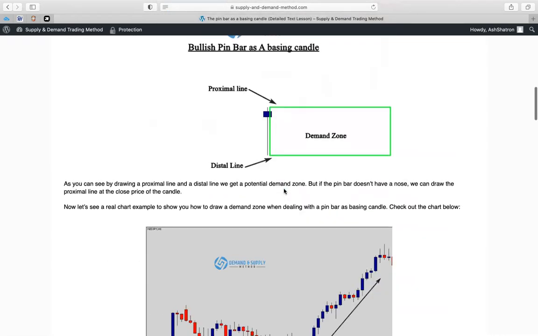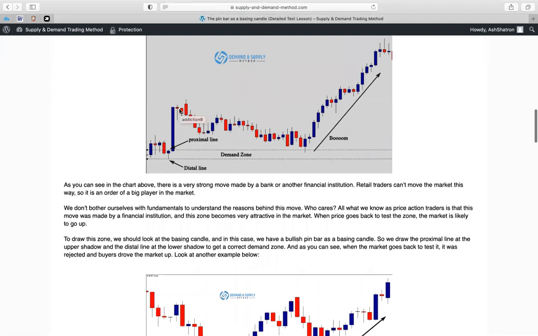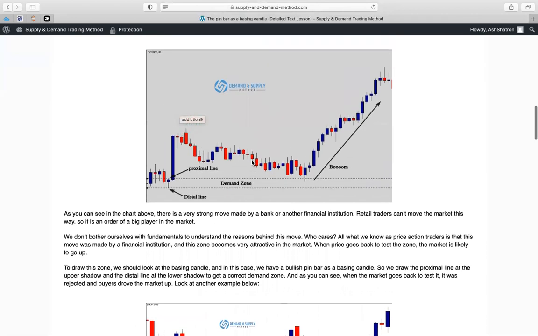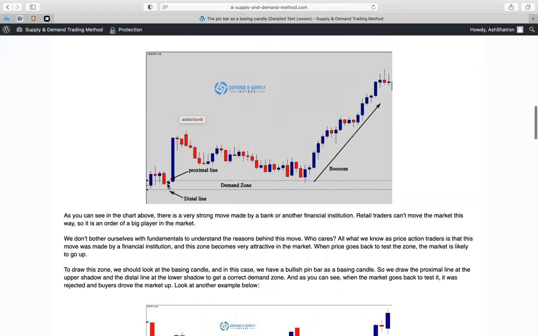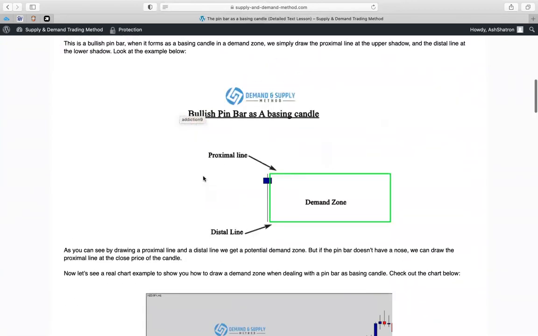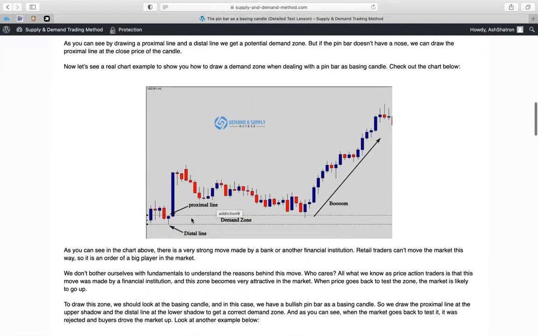All right, so I'll take a screenshot of this and send it to you. This talks about, with a demand and supply, right? Sometimes it depends. You have different types of candlesticks. This is a bullish pin bar as a basing candle. So if you have a pin bar like this as a basing candlestick, then it's the same thing.